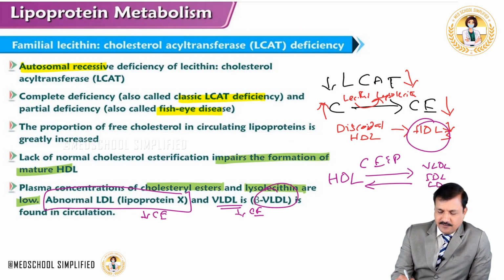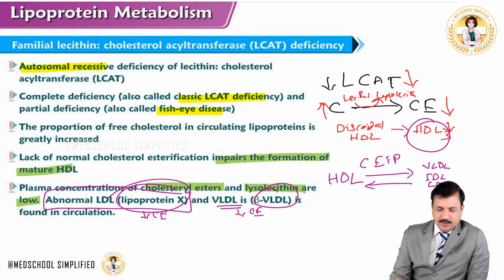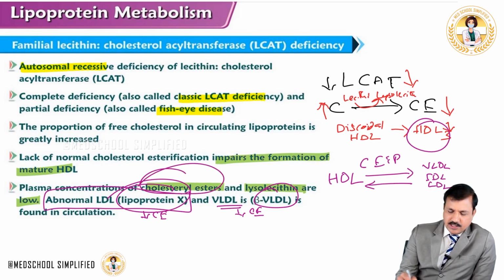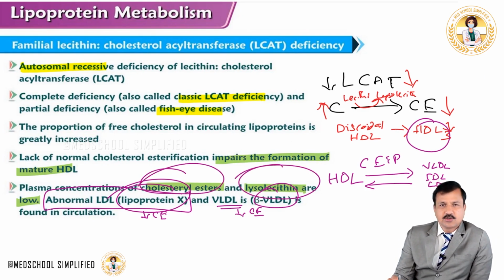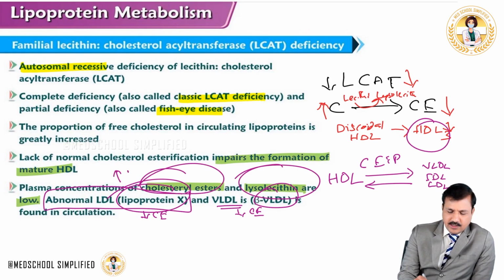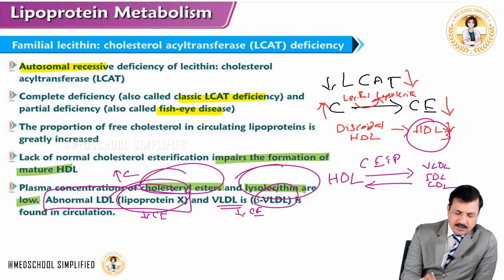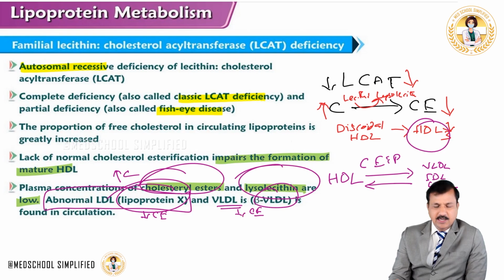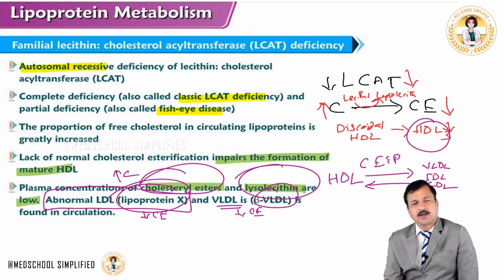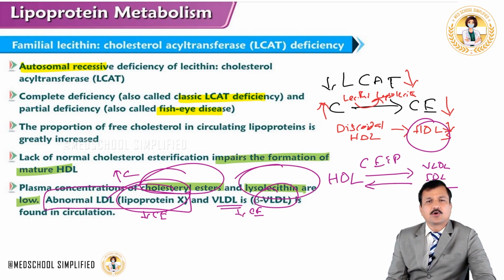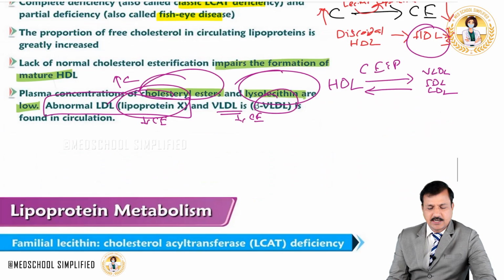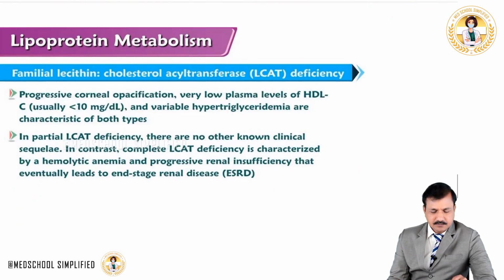So presence of beta VLDL, presence of lipoprotein X, decreased cholesterol ester, decreased lecithin, increase in free cholesterol levels, and decrease in HDL levels in the blood, they all give a clue towards familial lecithin cholesterol acyl transferase deficiency.